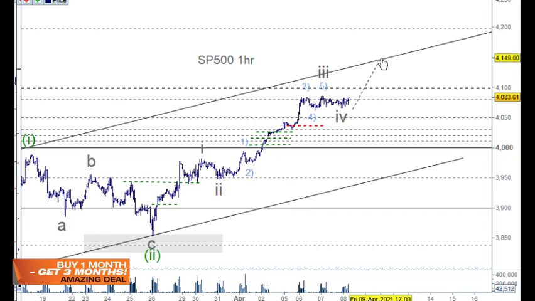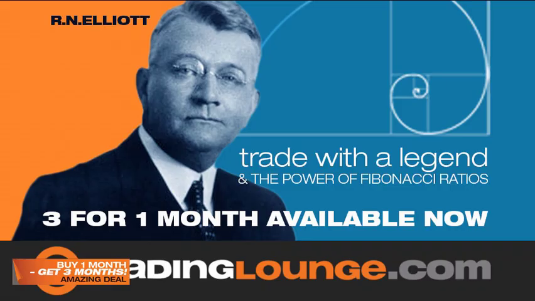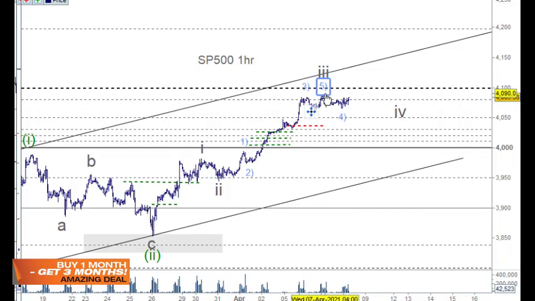How far will it go? The thing that haunts me a little bit is this first little wave just in here. If I've made a mistake, then my mistake would be that this wave 4 would be here, and this wave 5 would be here, and this wave 4 would be here.